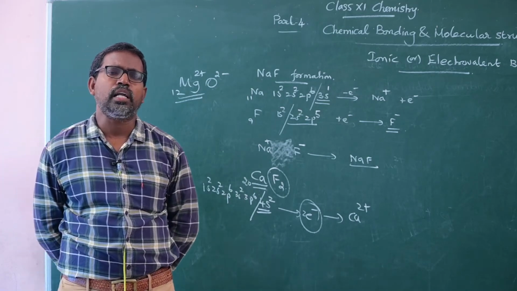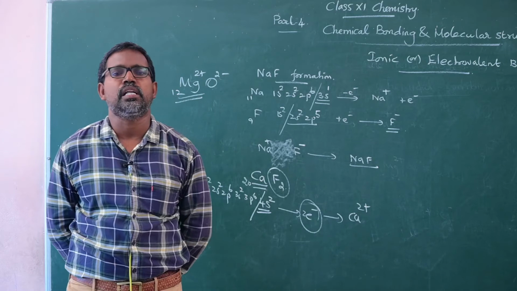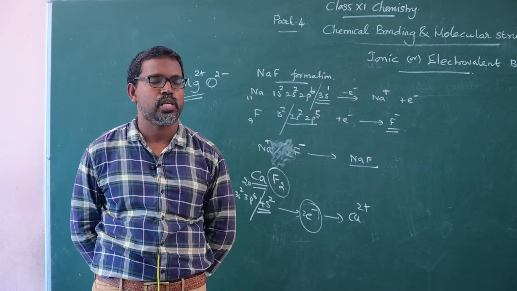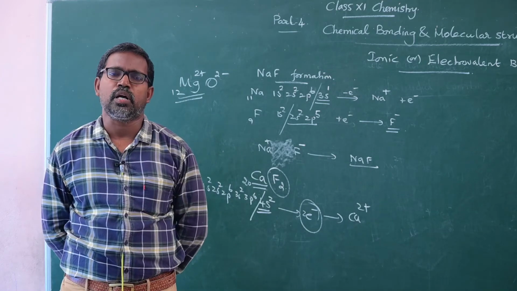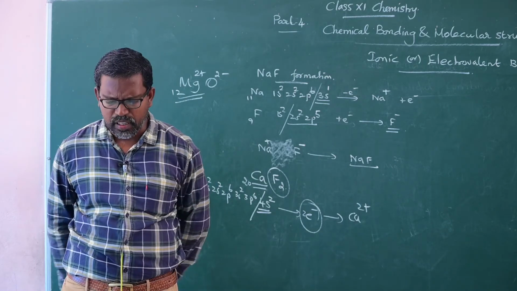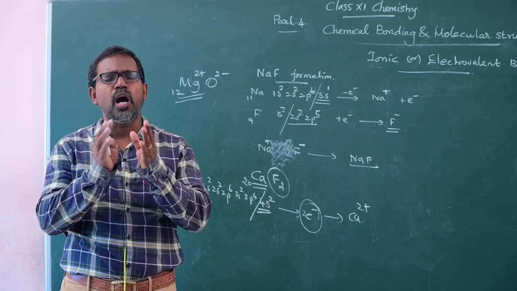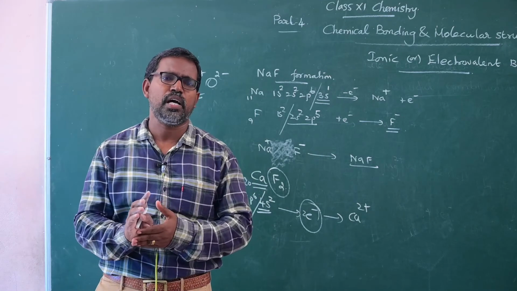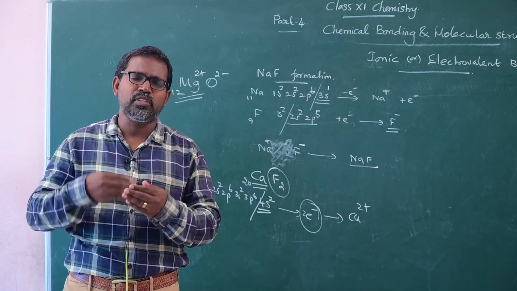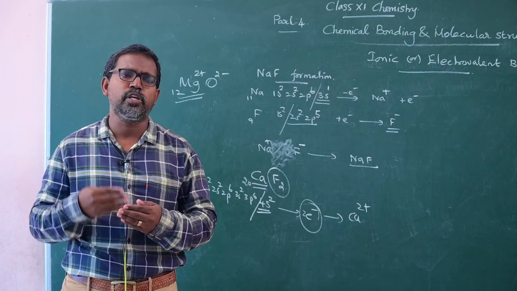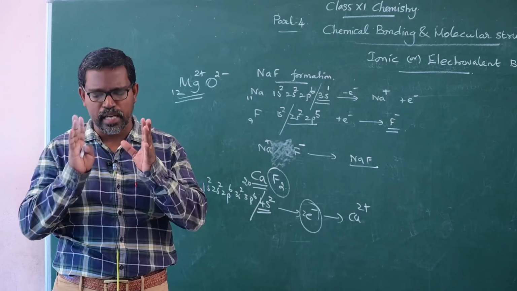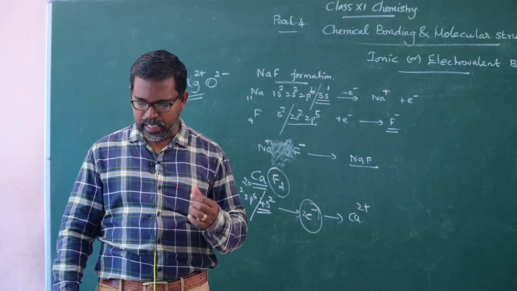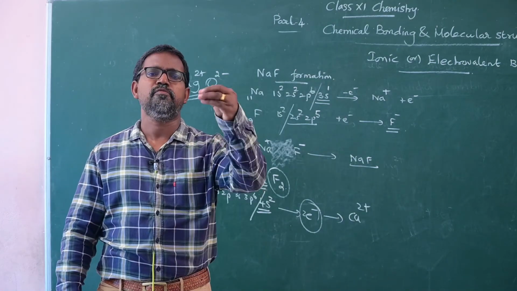First of all, low ionization enthalpy. We know that alkali metals and alkaline earth metals have 1 electron or 2 electrons respectively in their valence shell. Only a small amount of energy is required to remove an electron from their valence shell, so we do not take high effort to remove it. The lower the ionization enthalpy of an atom, the greater is the loss of valence electron.